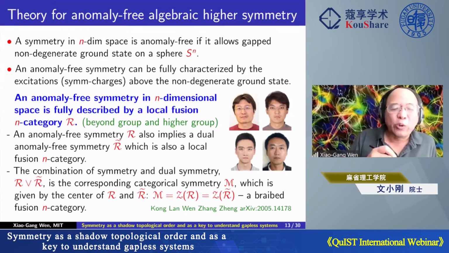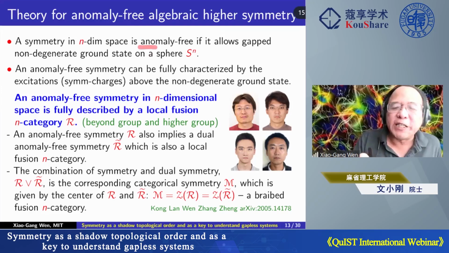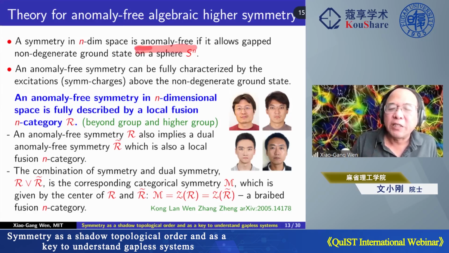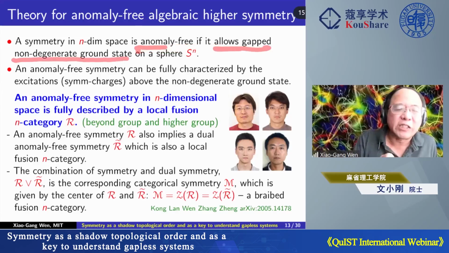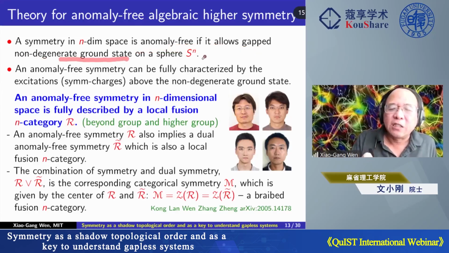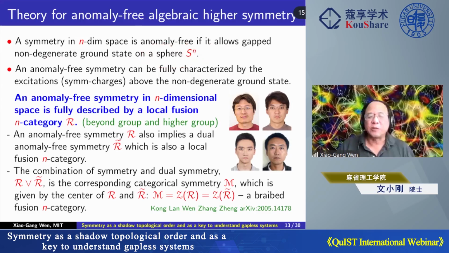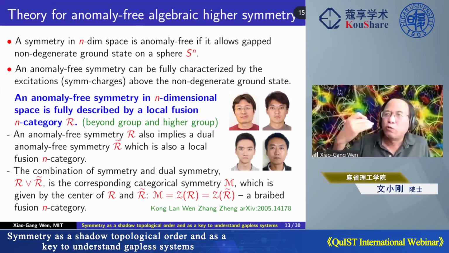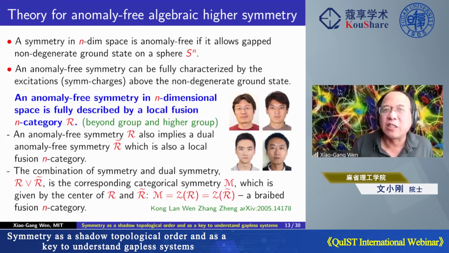One way to describe symmetry is to consider excitations. First, anomaly-free means that for higher symmetry or for general symmetry, it allows a gapped non-degenerate ground state on space on the sphere. And this condition basically tries to remove the possibility of spontaneous breaking.